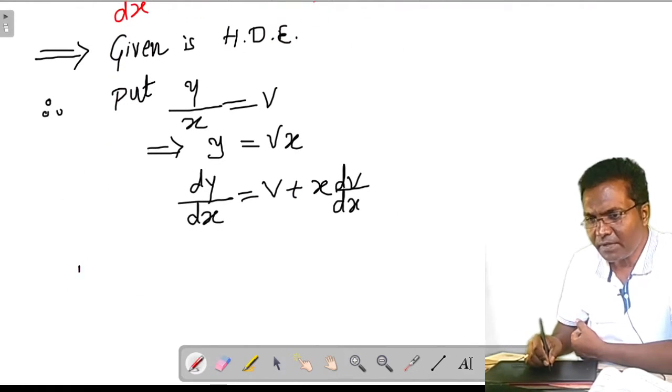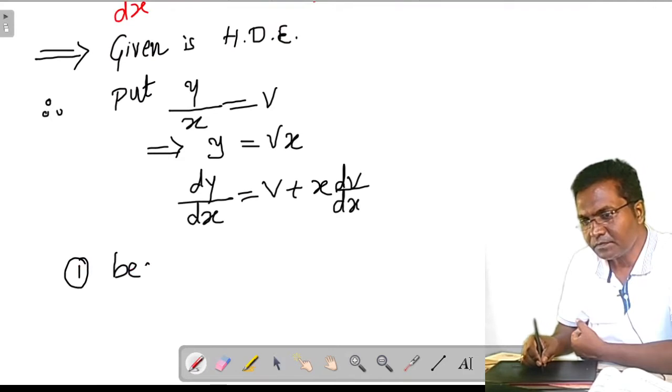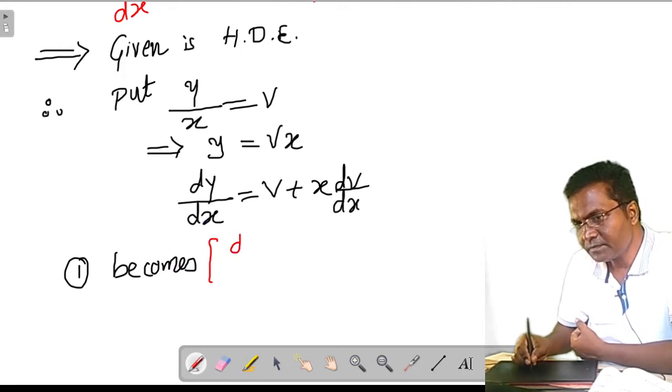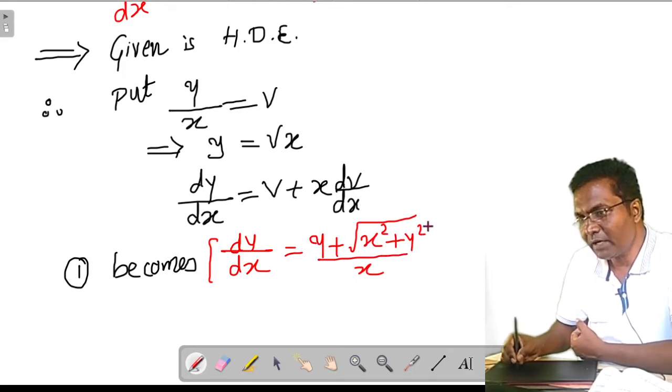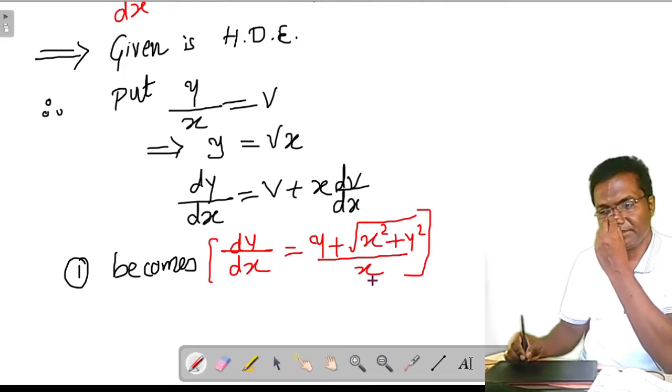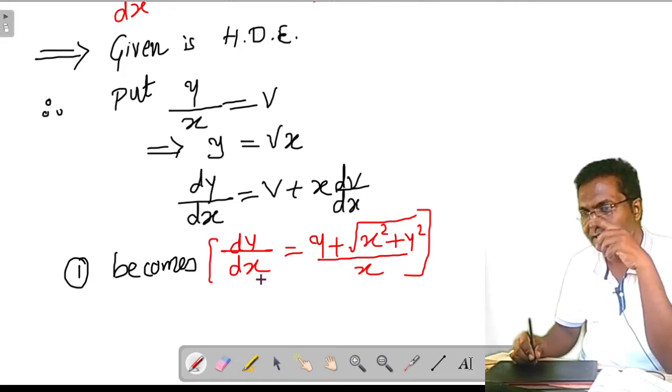So 1 becomes, what is 1? Let me write it. Your 1 is this: dy by dx is equal to y plus square root of x squared plus y squared by x. This is your equation 1. Okay, in this you have to make the substitutions.